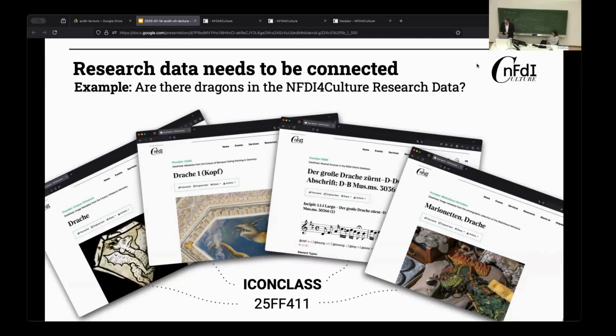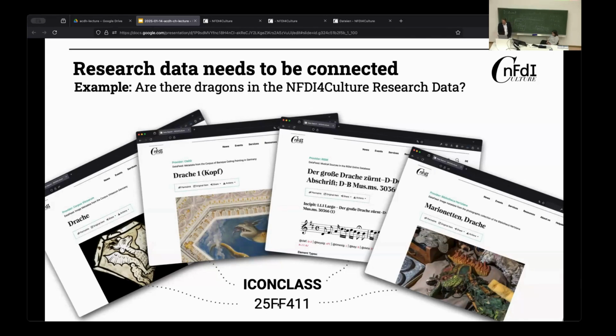And one question that we always ask ourselves: are there dragons in the research data of NFDI for Culture? And as you can see, yes, there are. You have medieval stained glass, you have Baroque ceiling paintings, you have, of course, music, and you have these little puppets, these marionettes that come from different data providers. And how does this come together?